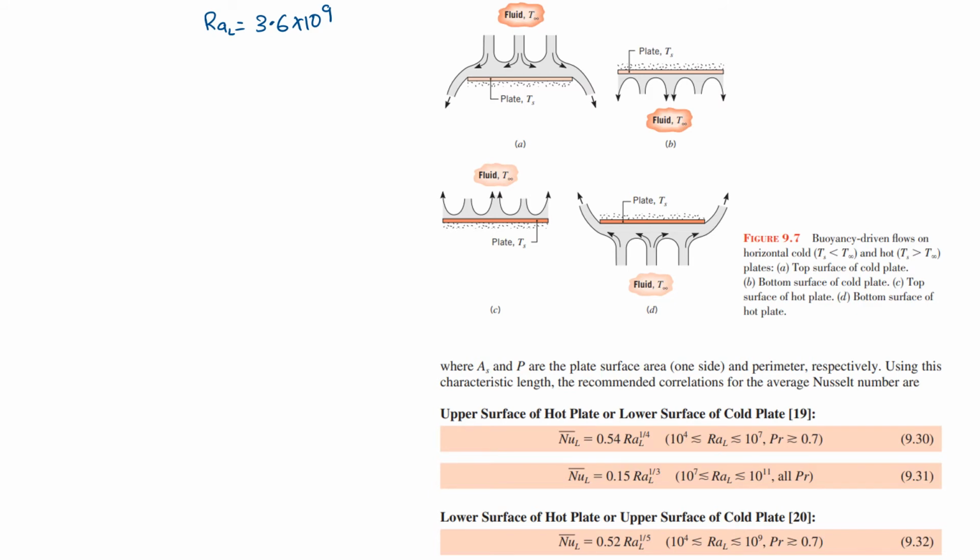Before we jump into the correlation of the Nusselt number, we must look at different scenarios that you can have when you have a flat plate. There are four scenarios you can have. One is that your top surface is cold and your surrounding is hot, so you will have heat being transferred from the surrounding to the plate, and in that scenario you will have currents flowing towards the plate, and your flow will look something like shown in figure A. Now the second scenario is that your bottom surface may be hot and the surrounding may be cold.